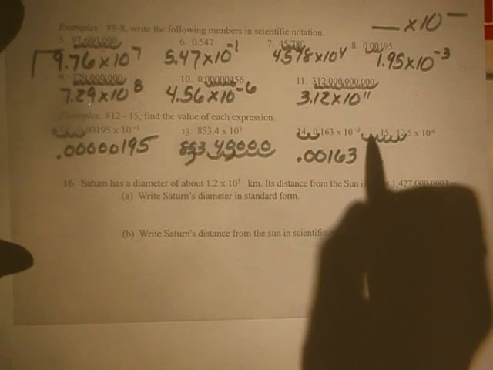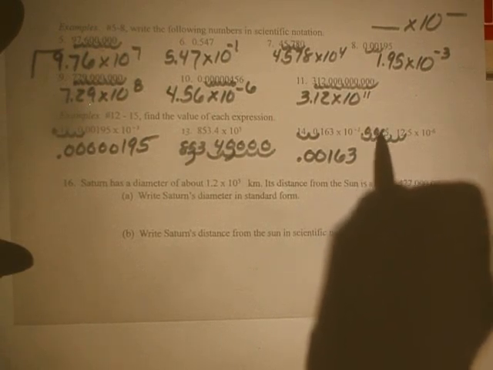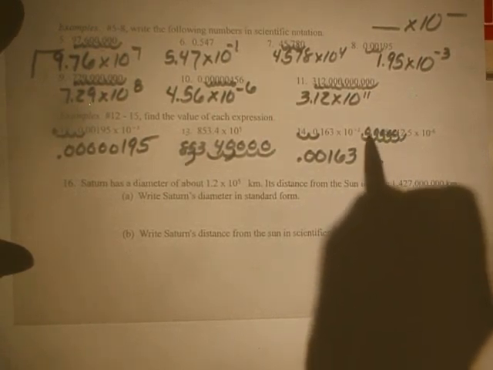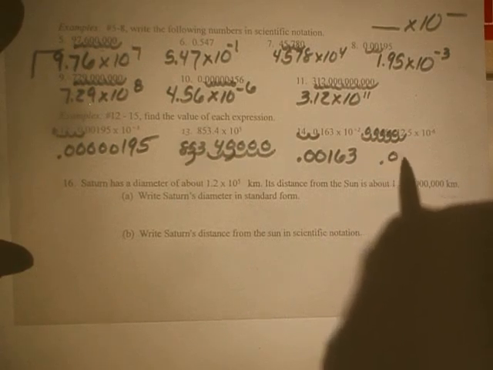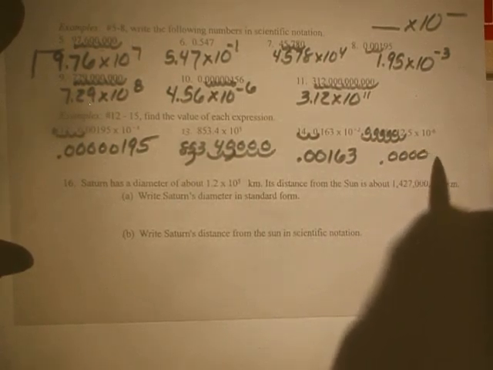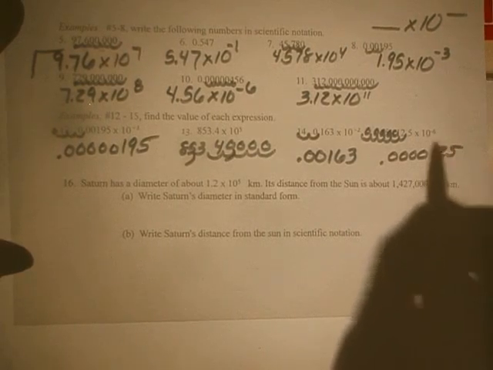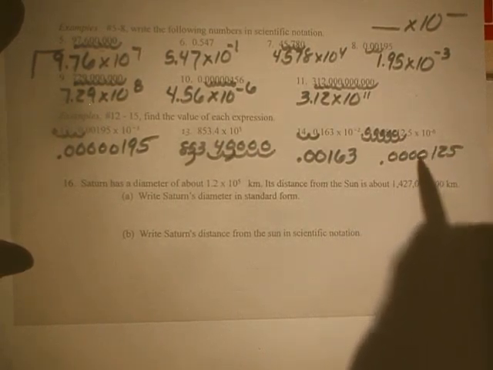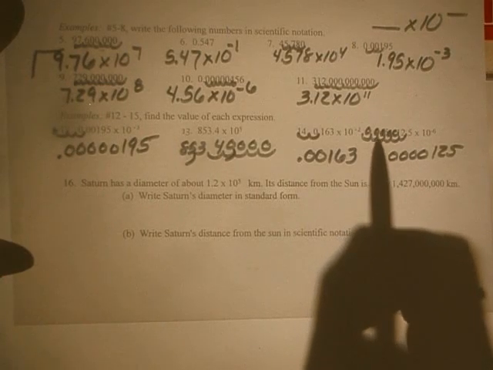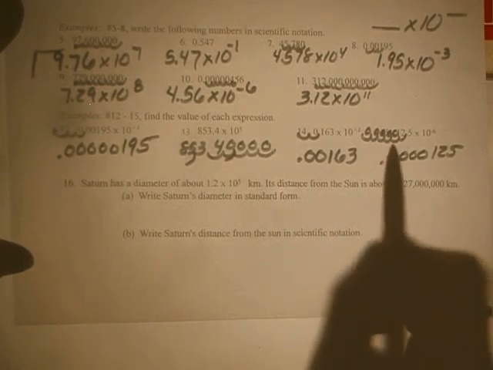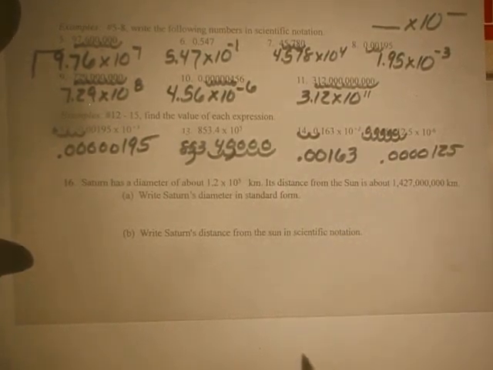And we will have 0.00000, 1, 2, we have 5 zeros. Actually, I think we only have 4 zeros. And then 1, 2, 5.